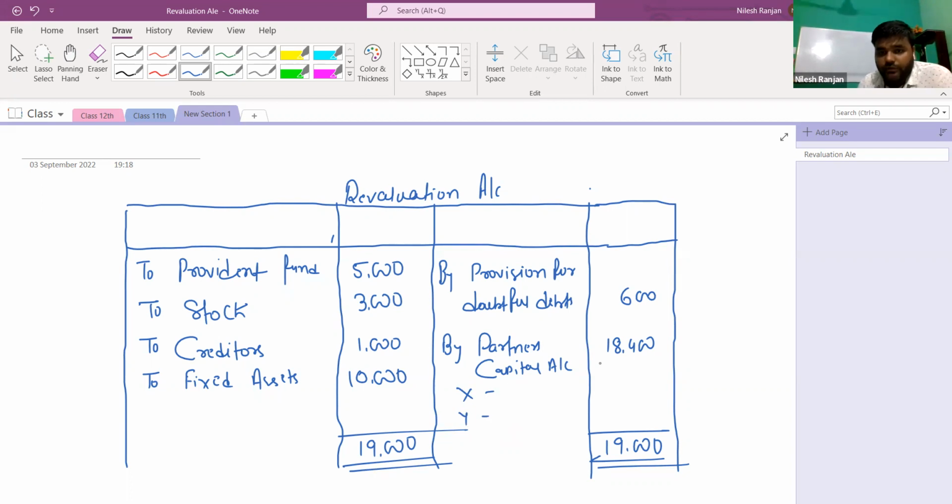8. So if we divide by 8, we get 2,300. 2,300 into 3 is 6,900, and 2,300 into 5 will be 11,500.